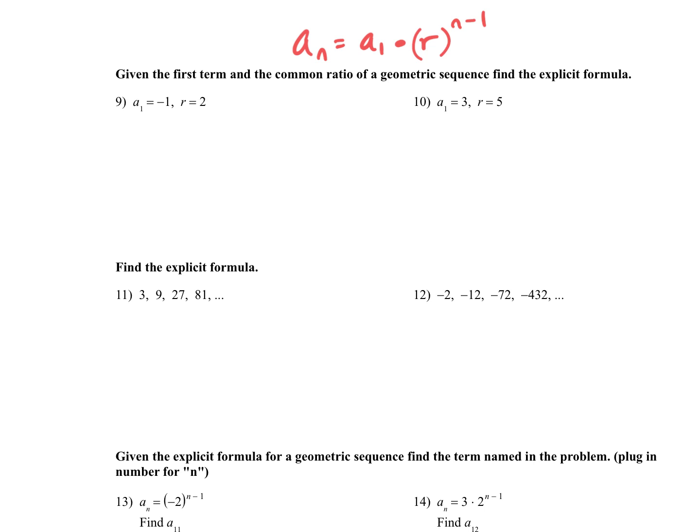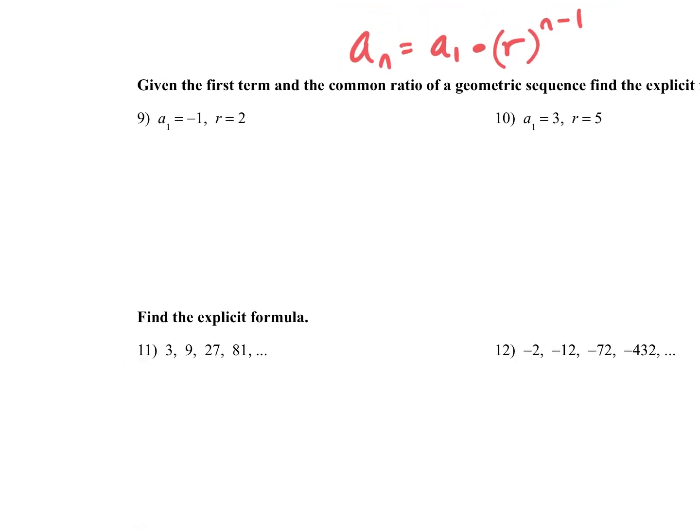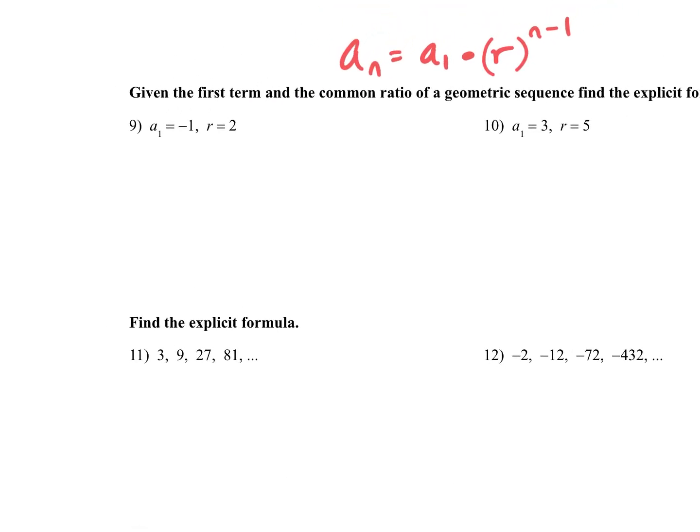If they're asking you for the formula, you just have to plug and play. On this first one, they give us a sub 1 is negative 1, and they give you r is 2. Well, all you've got to do is take that formula and plug them in. a sub 1 is negative 1 times r, which is positive 2, to the n minus 1.